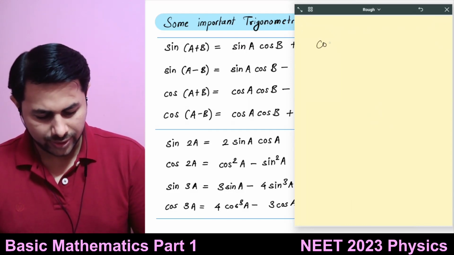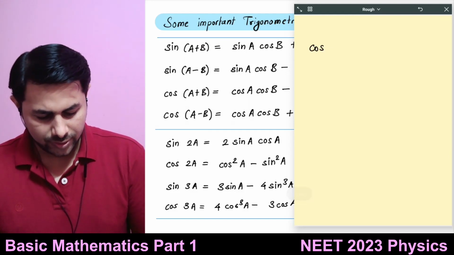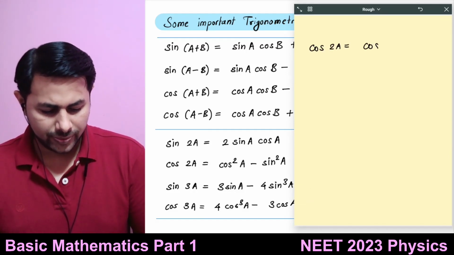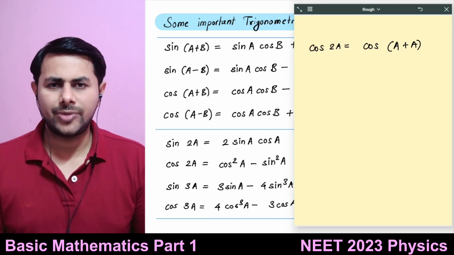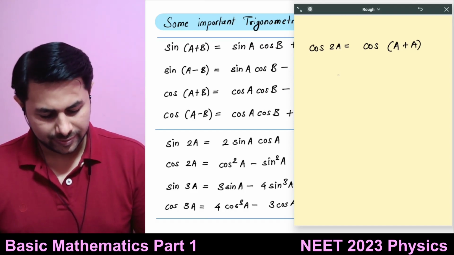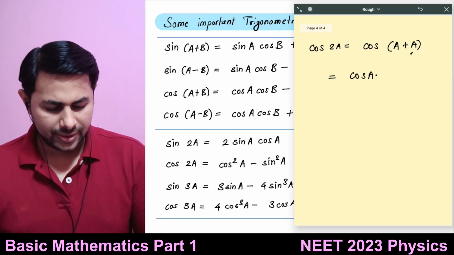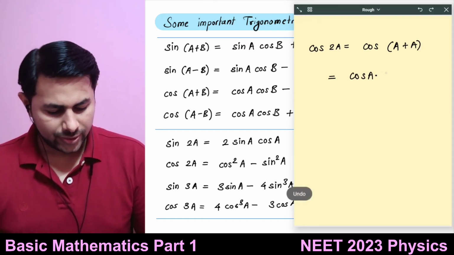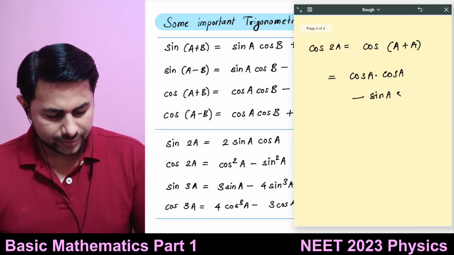Okay, so cos 2a equals cos of a plus a. And what's the relation? It is cos a cos b minus sin a sin b. So cos a multiplied by, in place of b we put a, so cos a into cos a minus sin a sin a.